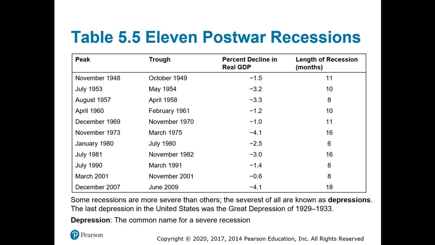Actually, 73 and 75 is OPEC too. 69, 70 is the pullout of the Vietnam War completely. 1980, almost all of 1980, 1981, 82. 1990, 1991, Desert Storm. 2001, March to November. And December 2007 to June 2009.